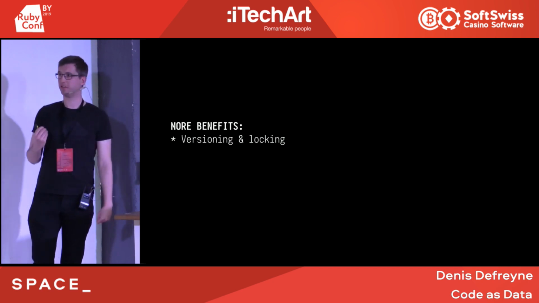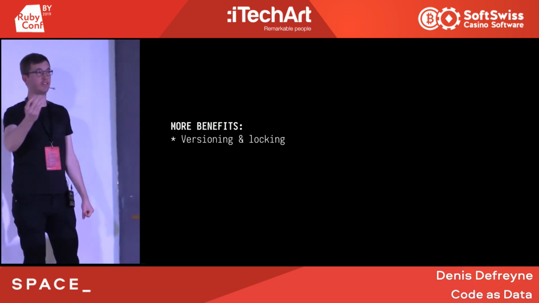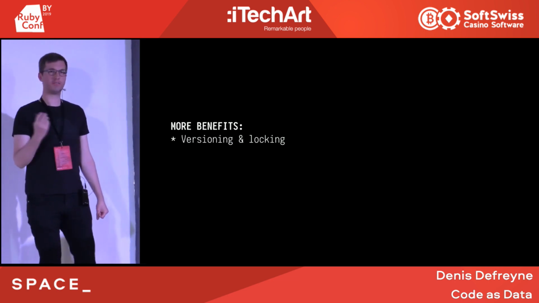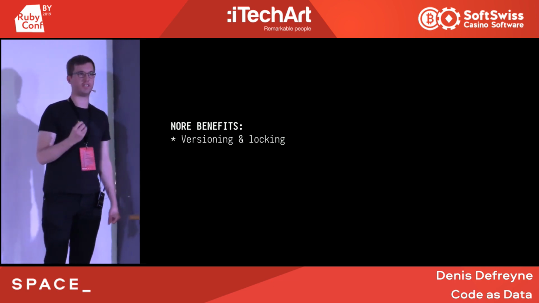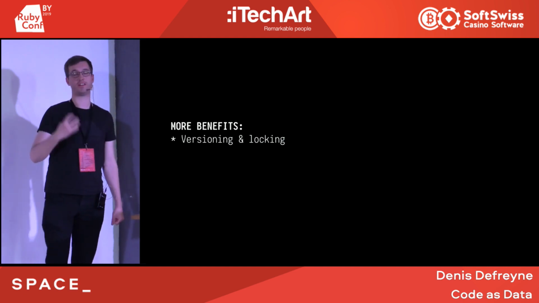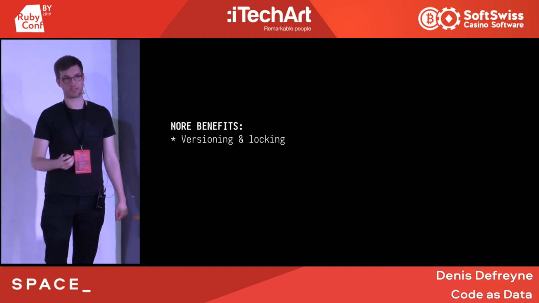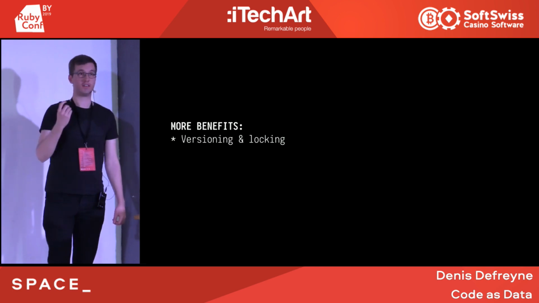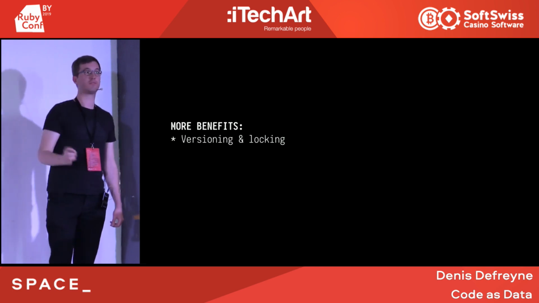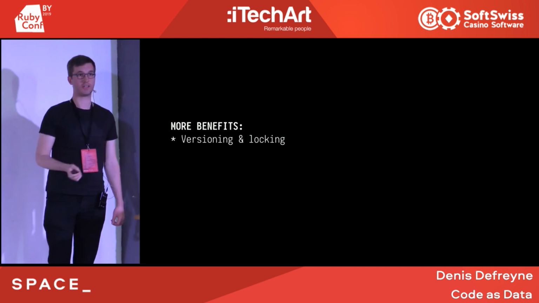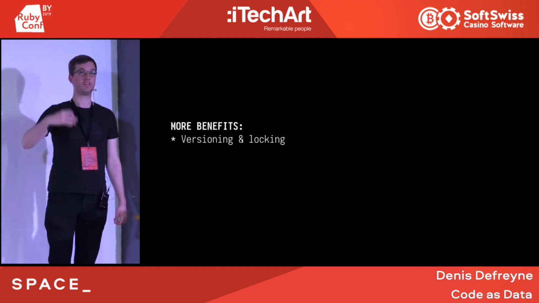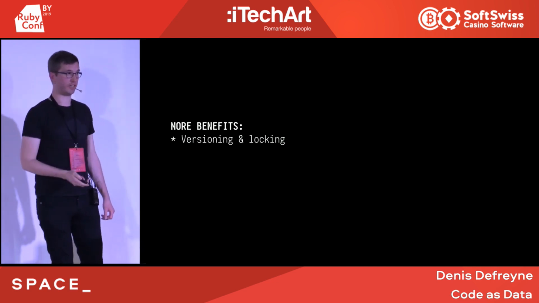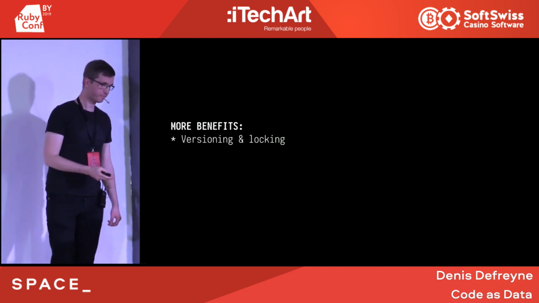And by locking, I mean that when you're negotiating with a customer about a certain price, you don't really want that customer to suddenly be treated differently because there is a new version of this pricing formula. So while you're negotiating, the pricing formula for that customer is locked for that particular customer. So even if the pricing formula changes, for that customer, it will remain the same formula.